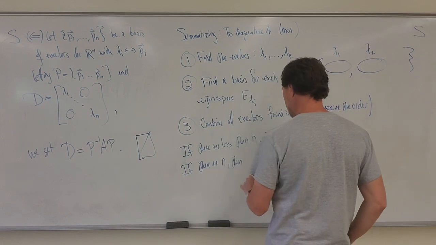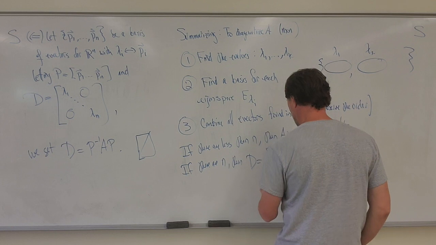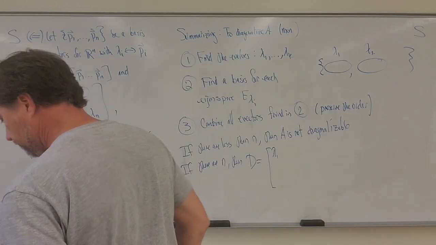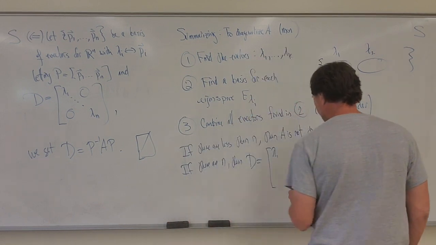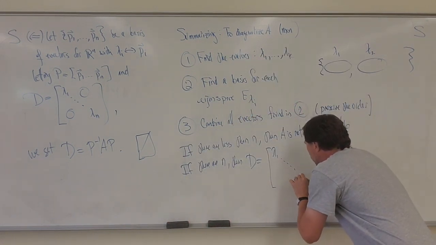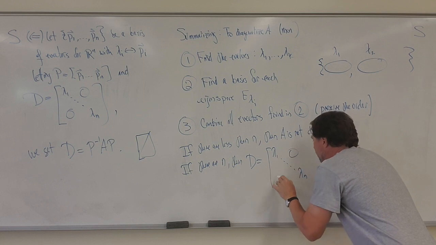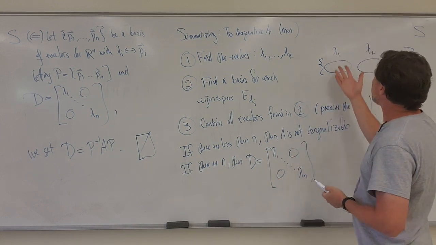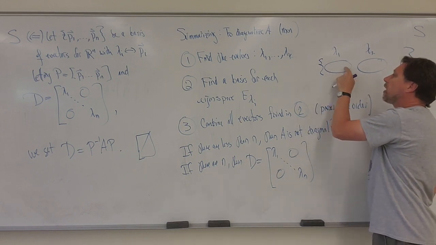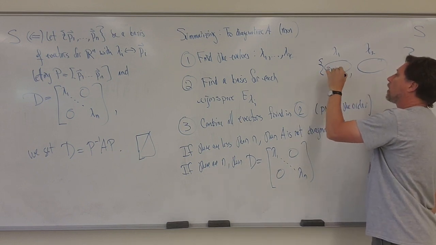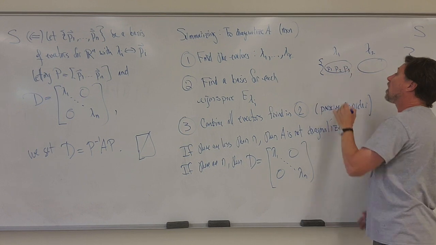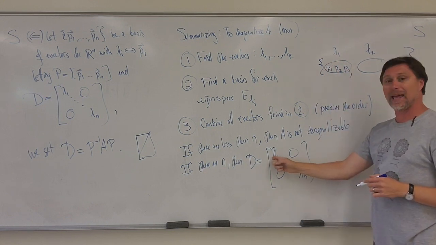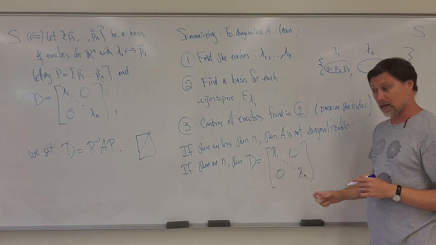then D is going to be, and this is a little weird to write, it'll become more apparent once I do an example, lambda 1 up through lambda n, where we might repeat ourselves. If there are 3 eigenvectors, a P1, a P2, and a P3, corresponding to lambda 1, then I'm going to write lambda 1 along this diagonal 3 times.